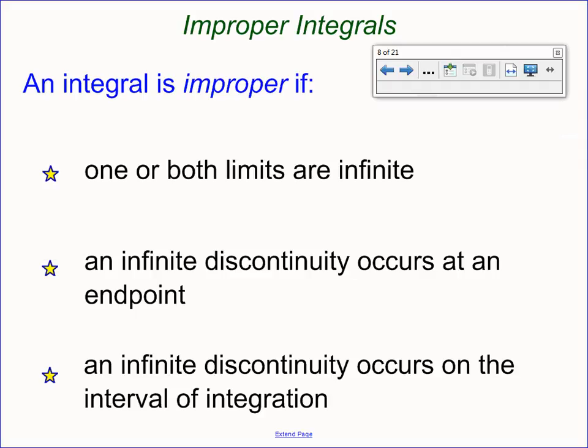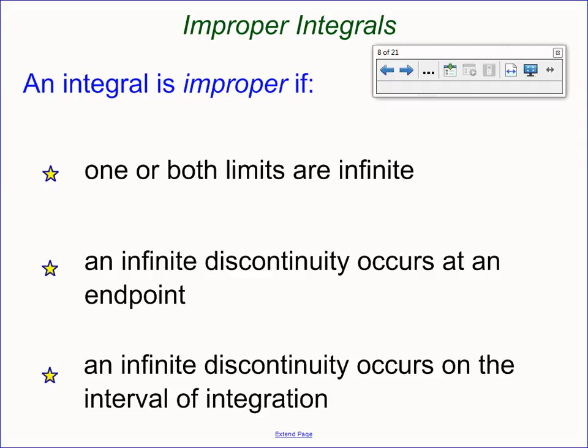An infinite discontinuity occurs at an endpoint, and so if one of my endpoints is like a vertical asymptote, where my function values shoot off towards infinity or negative infinity, we still may be able to determine the exact area underneath the curve. We might not be able to. So the improper integral may converge or diverge.